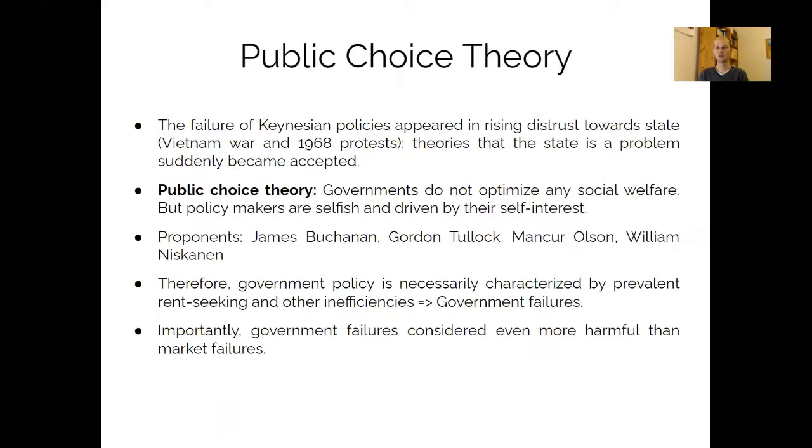The basic argument of the public choice theory is that governments and bureaucrats shouldn't be considered as an actor in the economy that improves welfare, that automatically contributes to stabilization of the economy. Rather, policymakers are also selfish, as the consumers or firms are in classical economics, and they are driven by their self-interest.